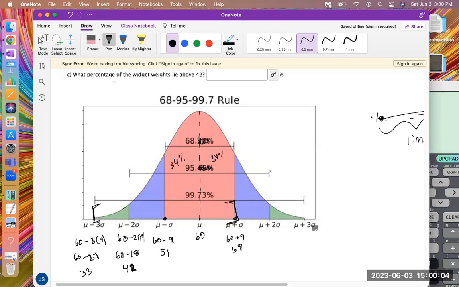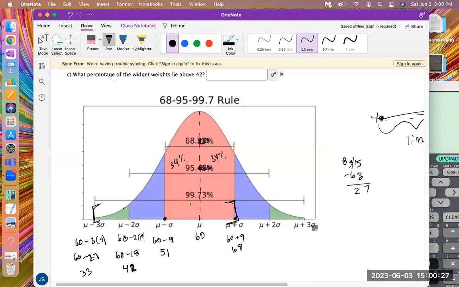So that means outside the 68, if I do 95 minus 68, that's 27.